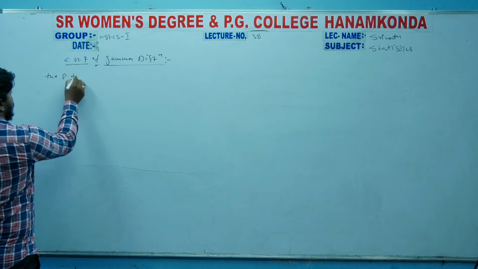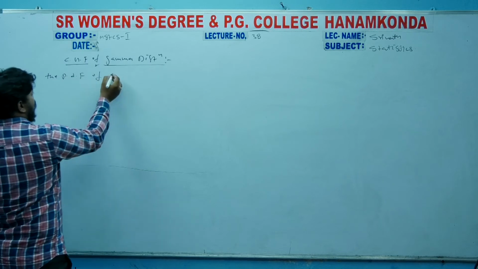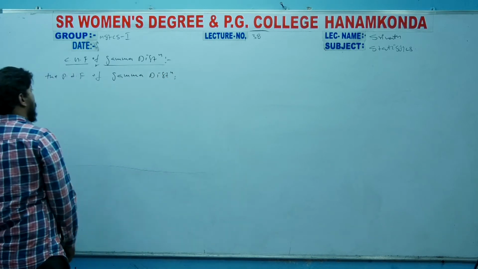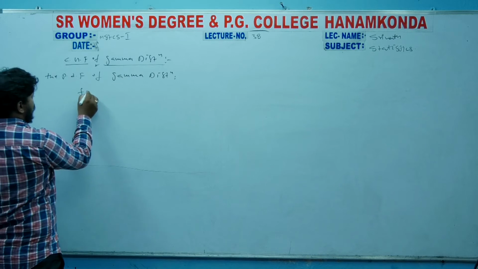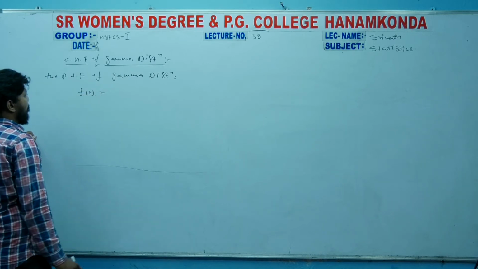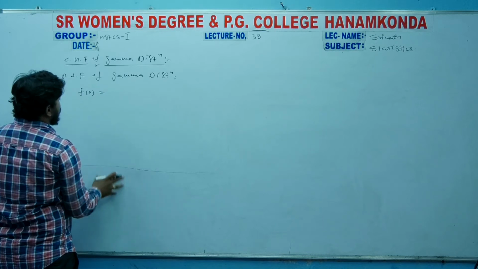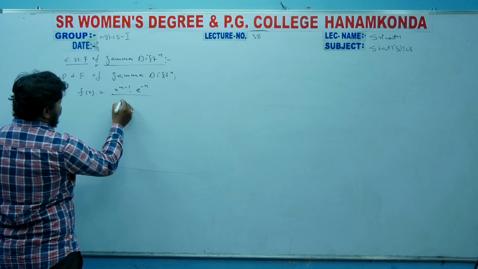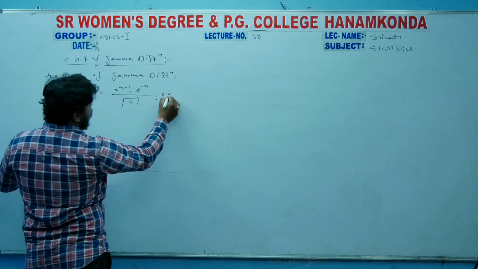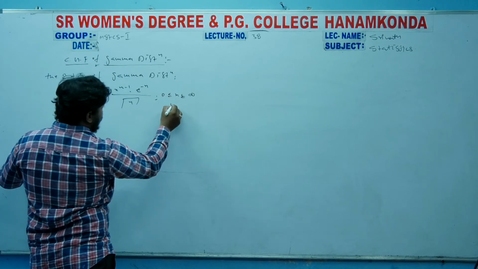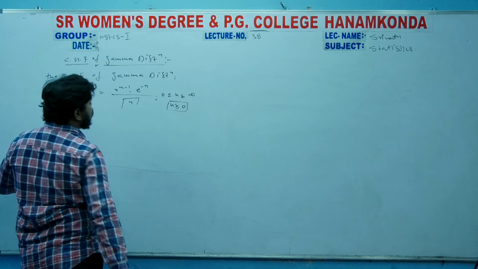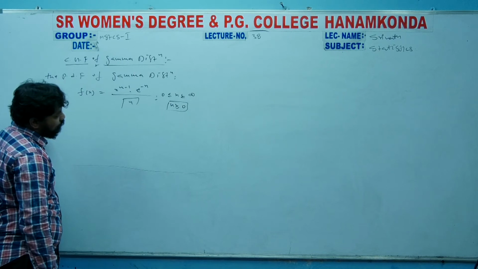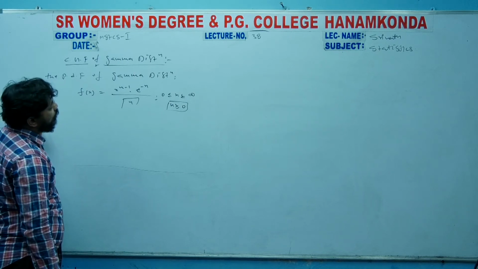The probability density function of gamma distribution is given by f of x is equal to x power n minus 1 into e power minus x by gamma n, 0 less than or equal to x less than or equal to infinity, n greater than or equal to 0. So n is the parameter.